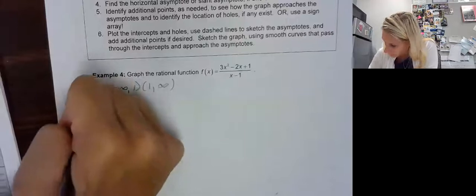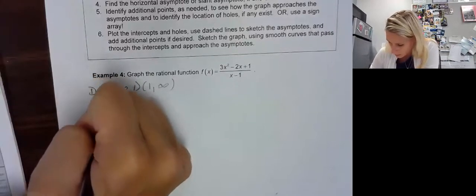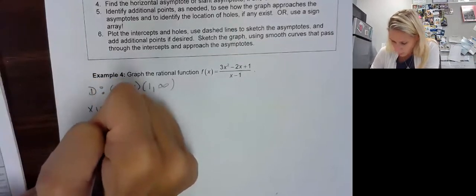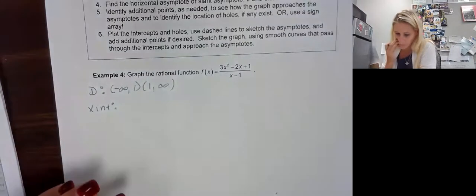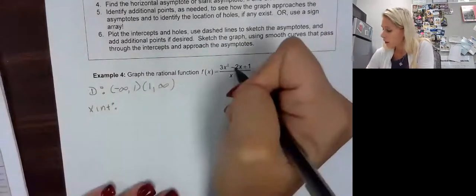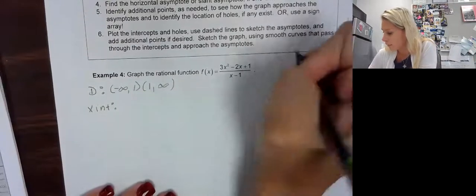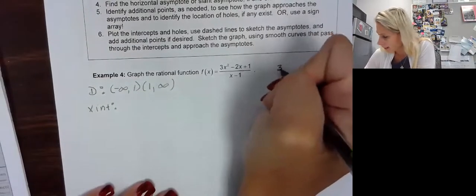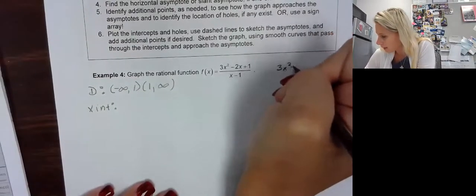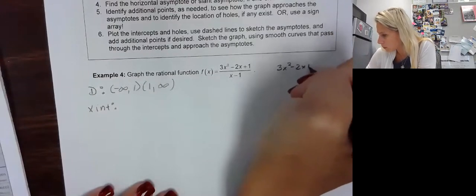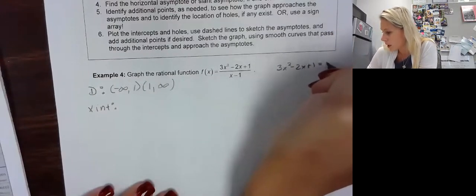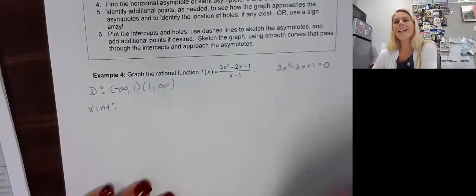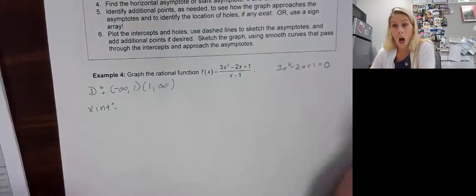Then our x-intercept. Well, what makes that equal 0? If you want, you can do the quadratic formula, right? We can say on the side 3x squared minus 2x plus 1 equals 0. And you will find that it is imaginary, it's complex.